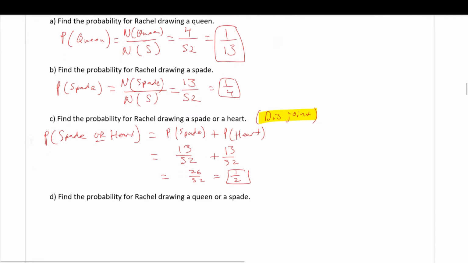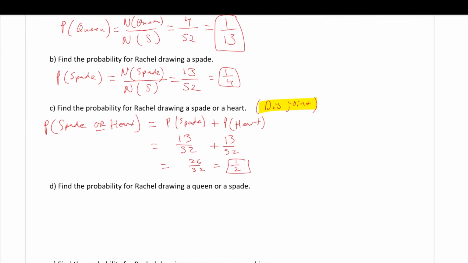All right, let's continue. Here's another OR probability. These are all OR probabilities. What's the probability of Rachel drawing a queen or a spade? Okay, again, we have to ask ourselves, are these 2 events disjoint, queen and spade? If these 2 sets have nothing in common, then they're disjoint.